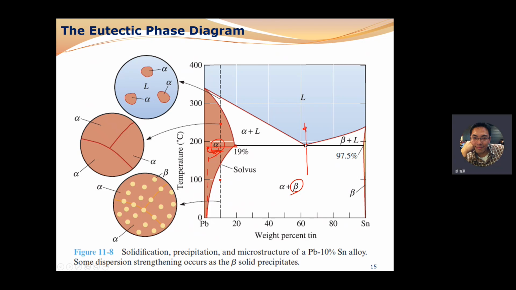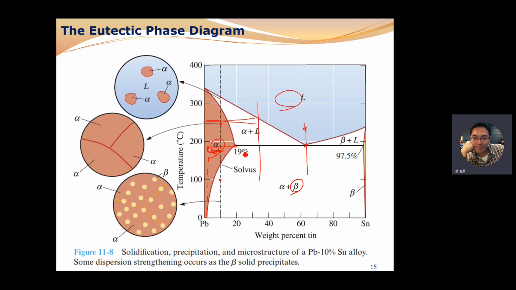For other compositions, if I draw a line here, for example, this may be 32 weight percent of tin, what's its melting temperature? Right here, it's totally melted at around 200-something, 250, completely liquid.